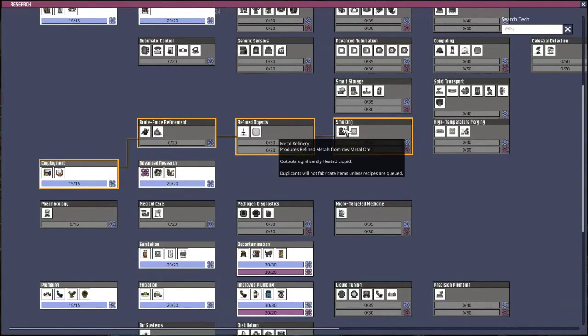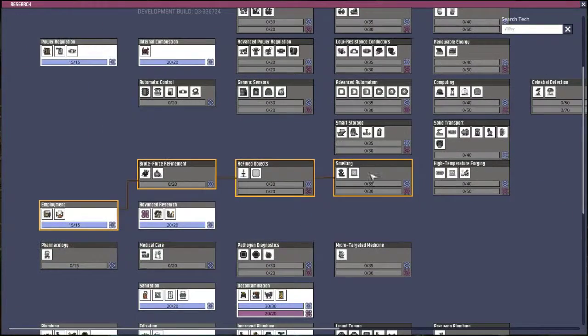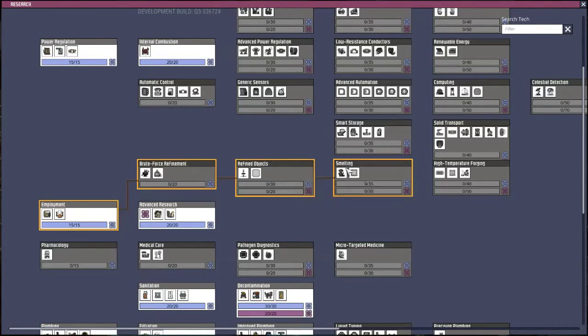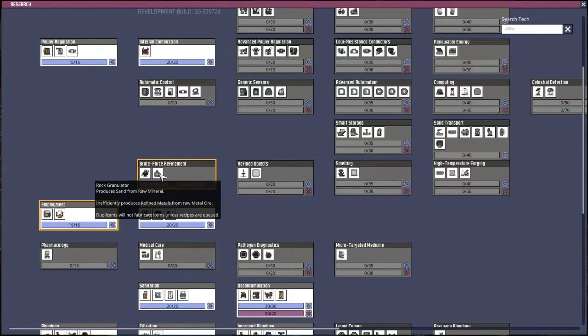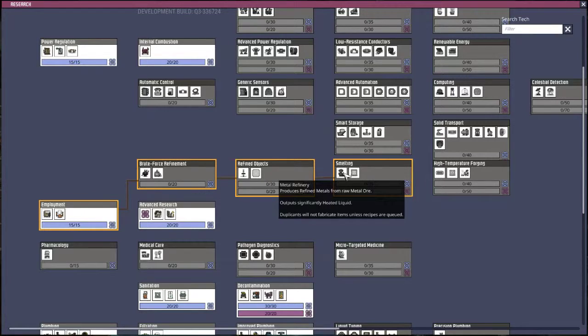But yeah, I definitely need to build this metal refinery way earlier than I have been. I'll build the brute force refinery to get the metal refinery, because the brute force is a 50% yield on the ore you crush. The metal refinery is 100%. It's 1-for-1.